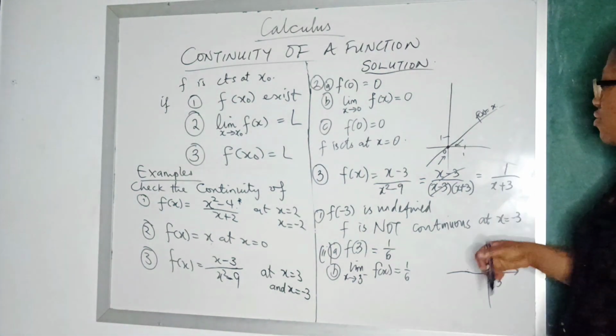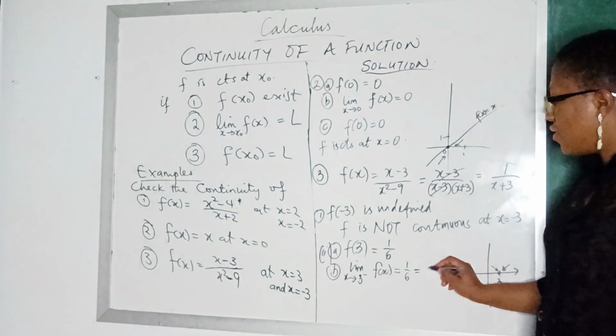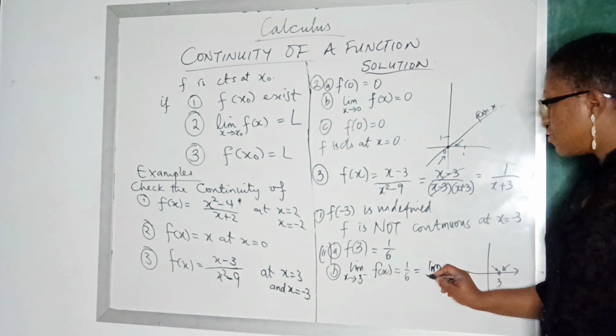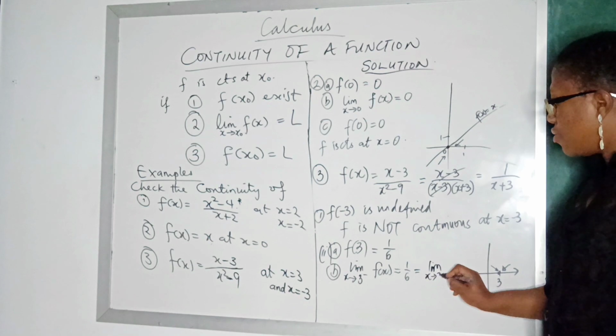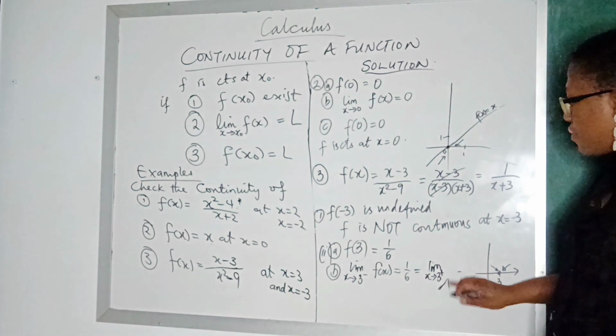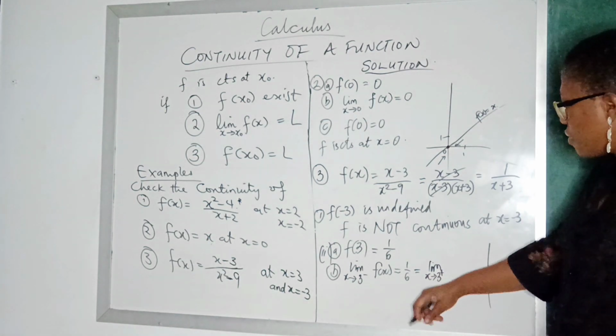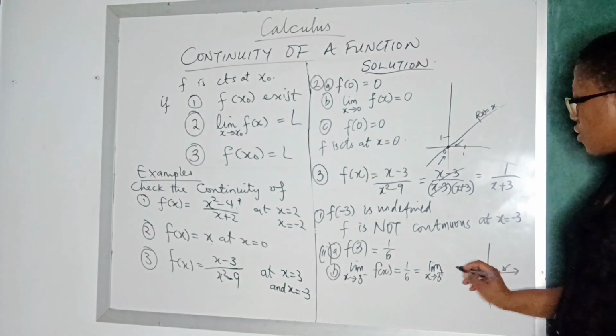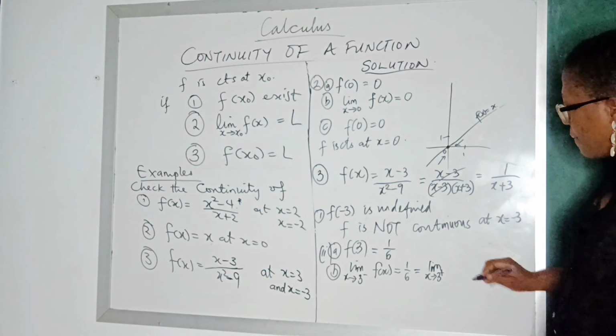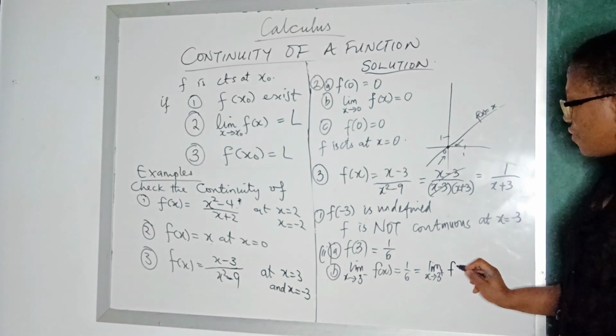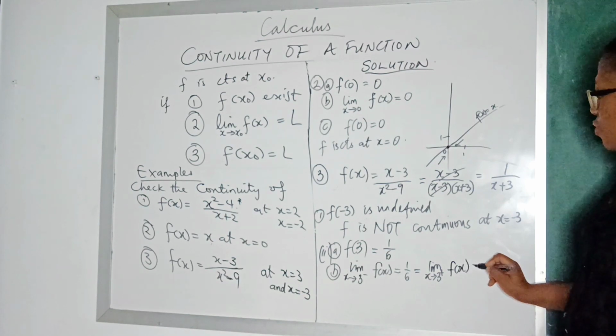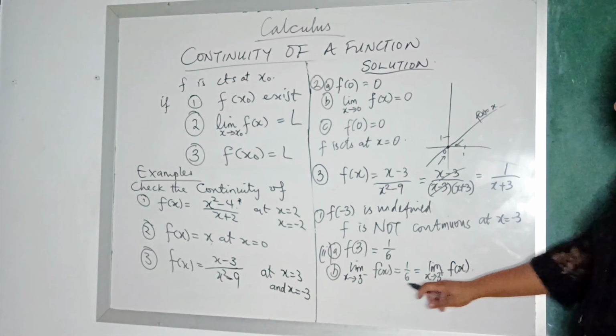You can plug in values to see that. And then you have that the limit as x goes to 3 from the right of f of x is equal to 1/6.